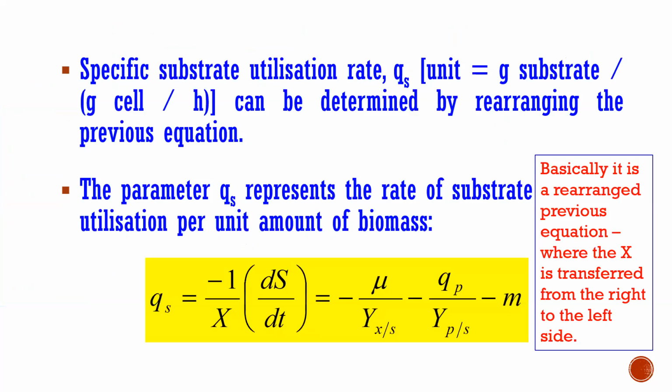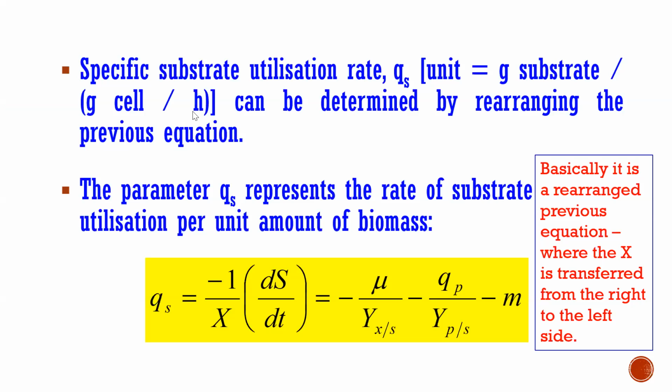All right, so just now we talked about QP, which is specific product formation rate. We also have specific substrate utilization rate or specific substrate consumption rate, QS. Instead of P, you have QS. So S means substrate. So the unit is gram substrate per gram cell per hour.